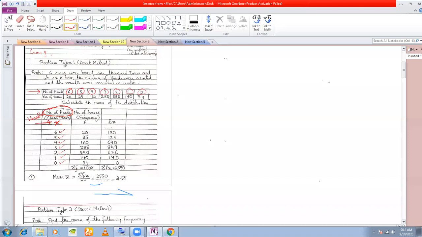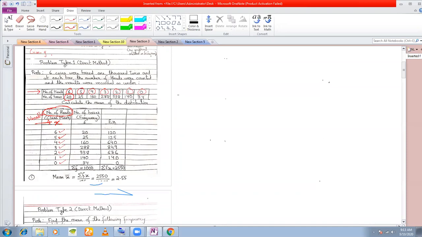Next, number of tosses. Number of tosses means how many times 6 heads have occurred, how many times 5 heads have occurred. So that is why this is the frequency of heads, frequency of occurrence of heads. That is why I have made a second column for this frequency.